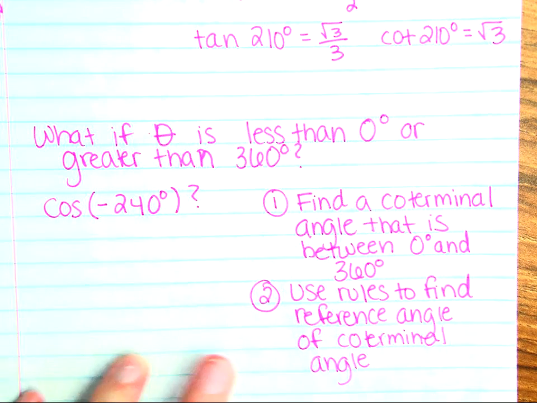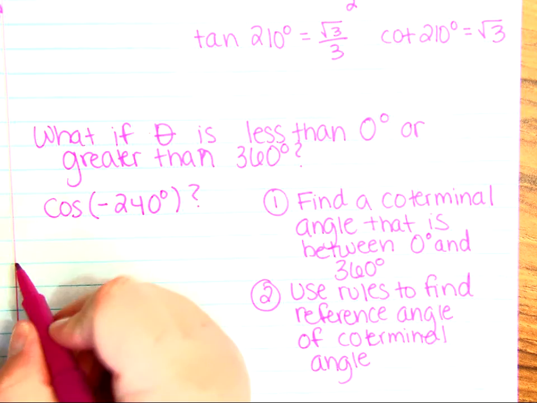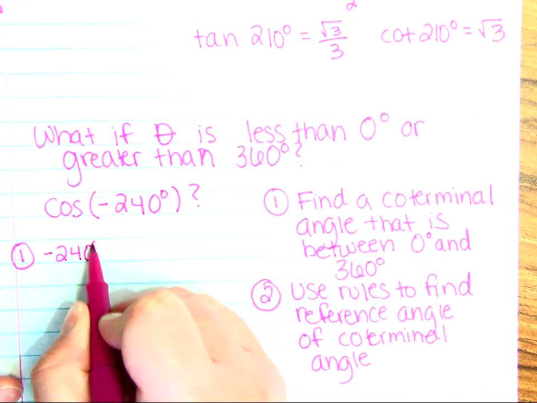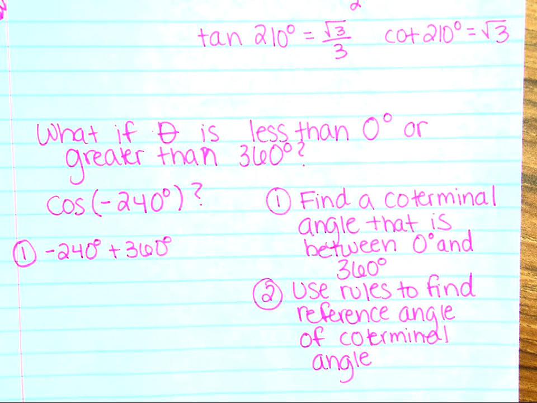So here, negative 240. The first thing I have to do is find a coterminal angle. So step 1, I'm going to do negative 240 plus 360. Remember, to find coterminal angles, you're just either adding or subtracting 360.